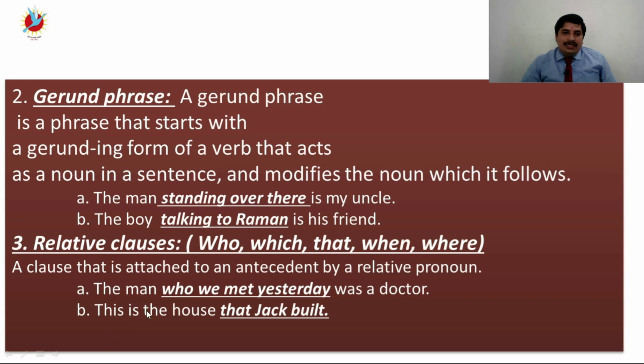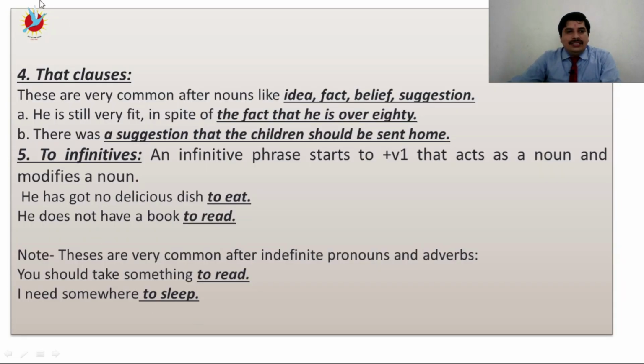Similarly, this is the house that Jack built. That is the relative pronoun and house is the antecedent of it. So that Jack built is the post modifier of the noun house, right? The next one is that clauses.